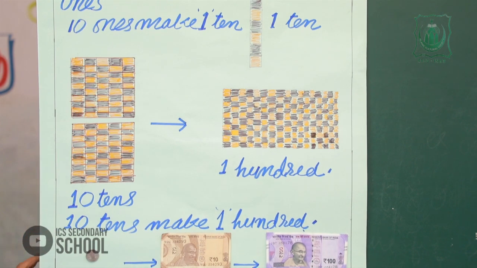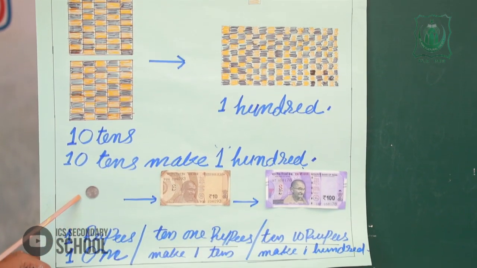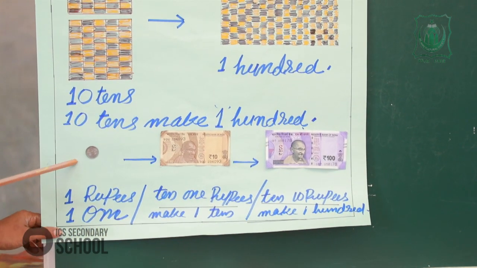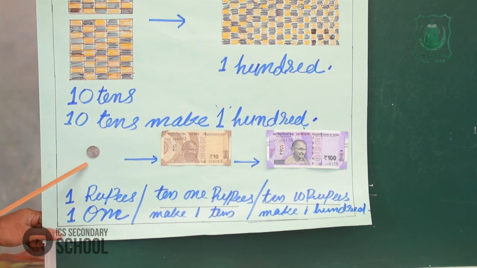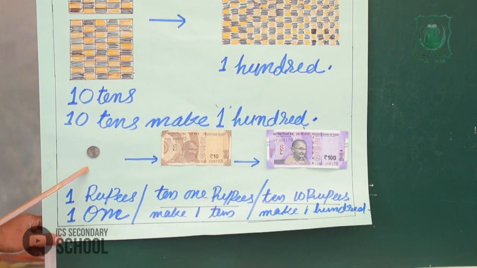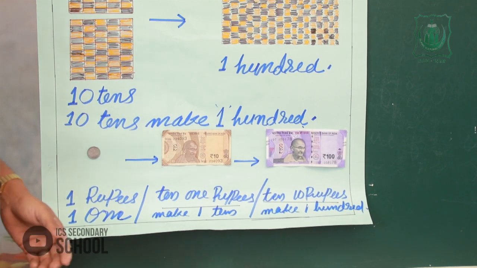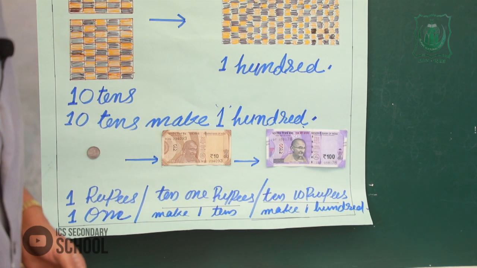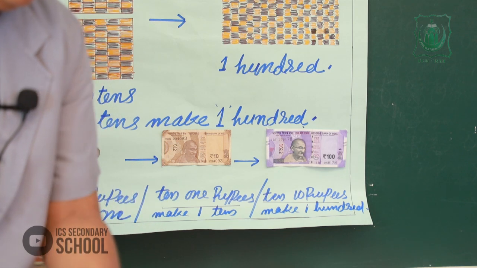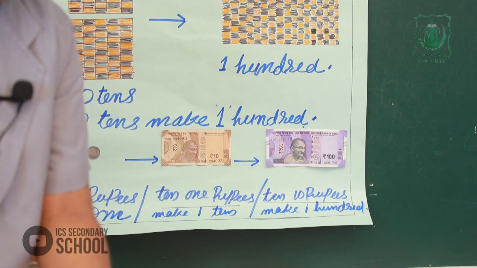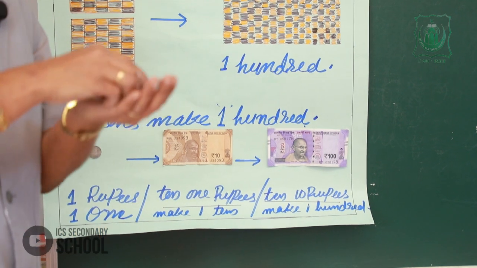Okay. Next one. Can you see? This is the 1 rupee. 1 rupee, 1 one. Okay.